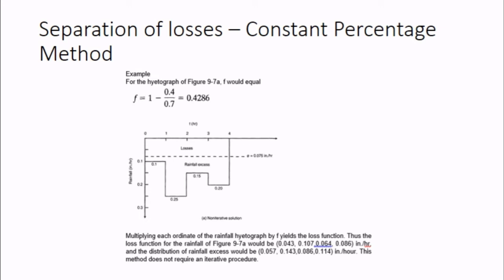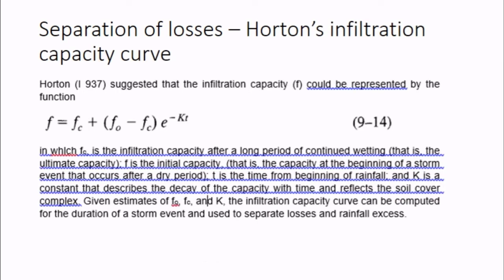You multiply it by the ordinates, then subtract it from the ordinates. Okay. This method does not require an iterative procedure. So, that is the Phi index, the index method for computing the separation of losses.